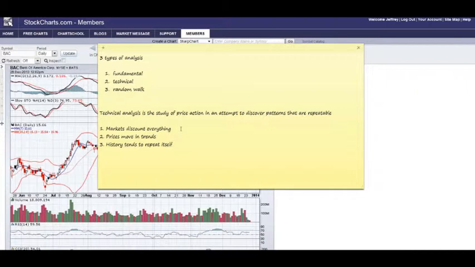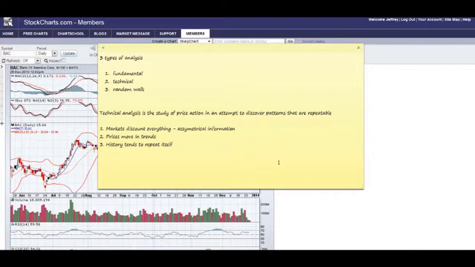But opponents will say, well, we have something called asymmetrical information, where not everybody in the market knows the same amount of information. And so the market can't really discount everything because certain groups know more than other groups.